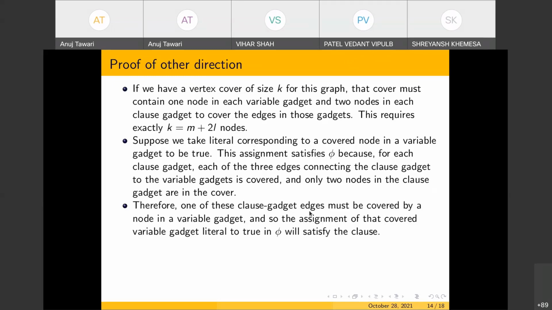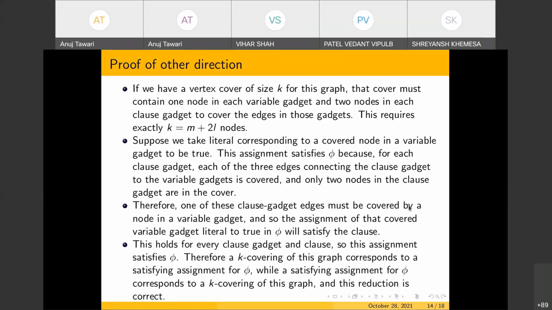So one of the clause gadget edges, triangles, must be covered by a node in the variable gadget. And so the assignment of that covered variable gadget literal will be set to true in C. So this holds for every clause gadget and clause.